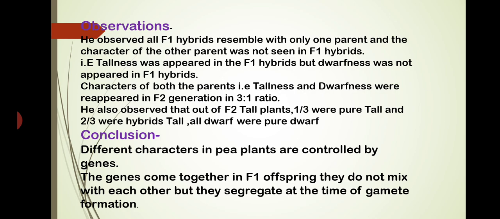The conclusion of this experiment is that different characters in pea plants are controlled by genes. The genes come together in F1 offspring. They do not mix with each other, but they segregate at the time of gamete formation.